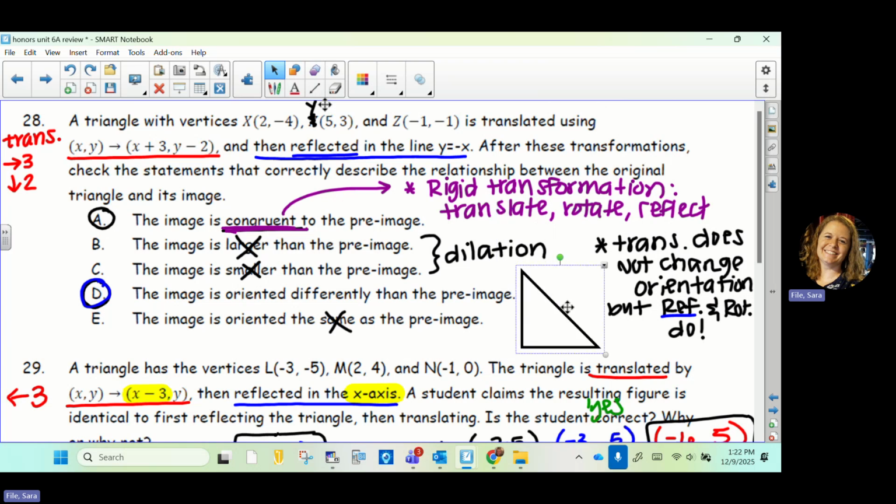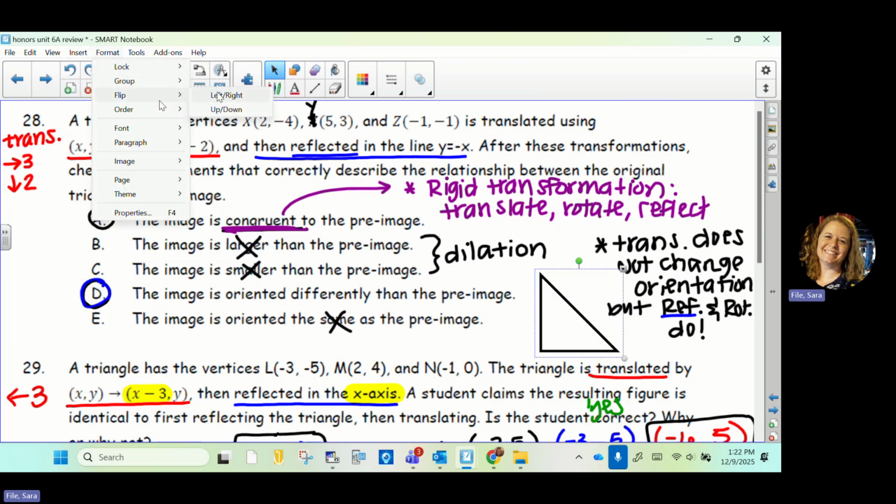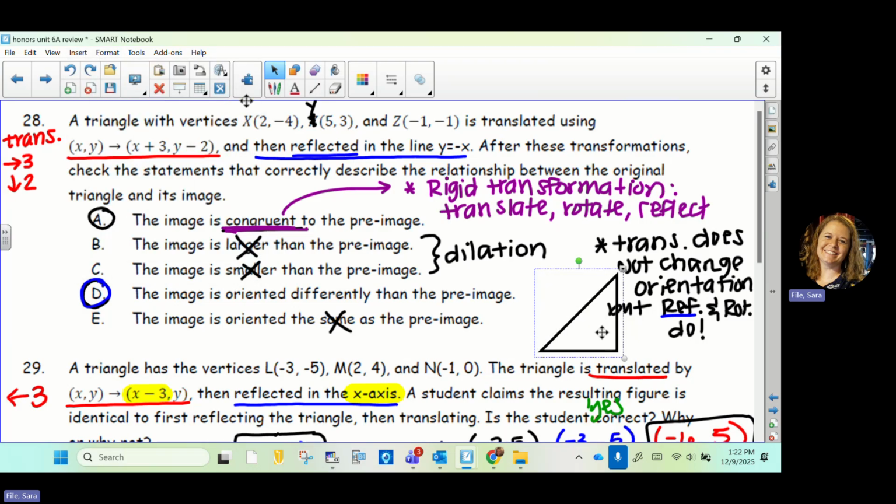Okay. However, if I reflect it, if I were to flip this, and it doesn't matter if it's flipping it up, down, left, right, over the line y equals x or negative x. Now that I've flipped it, it's a different orientation. Now that right angle is in the bottom right instead of the bottom left. Y'all see that?